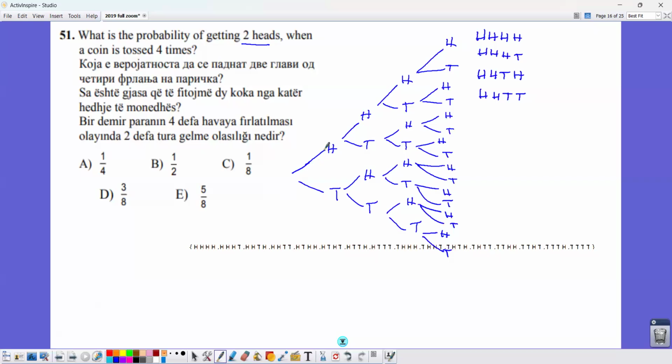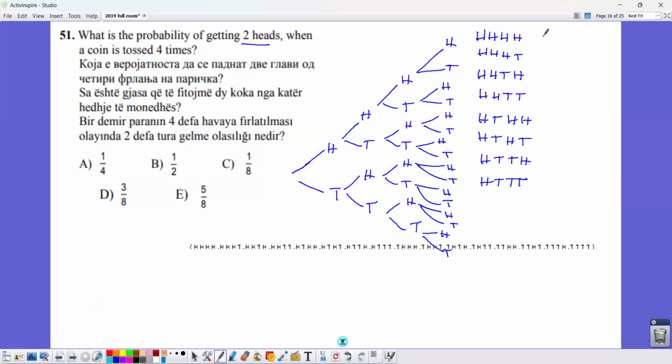Now I have head, tail, head, head; head, tail, head, tail; head, tail, tail, head; head, tail, tail, tail.